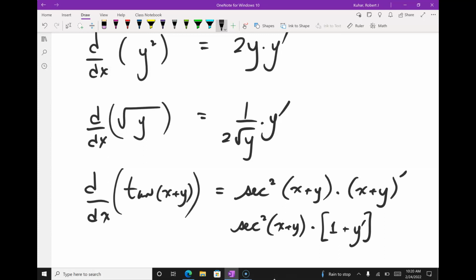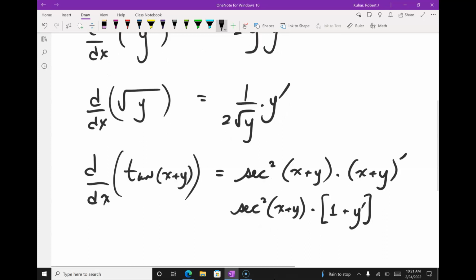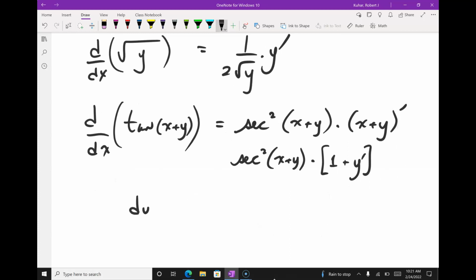When I write y prime, which is Newton's notation, I'm always assuming I have differentiated in terms of x. When I write dy dx, which is Leibniz notation, he was a German guy.